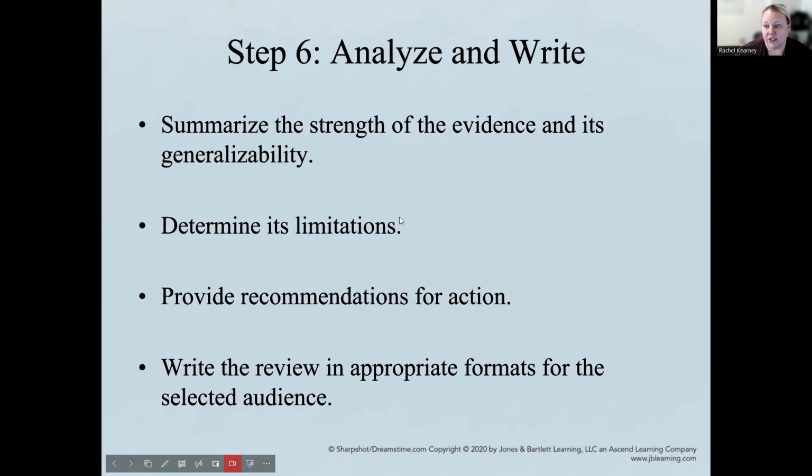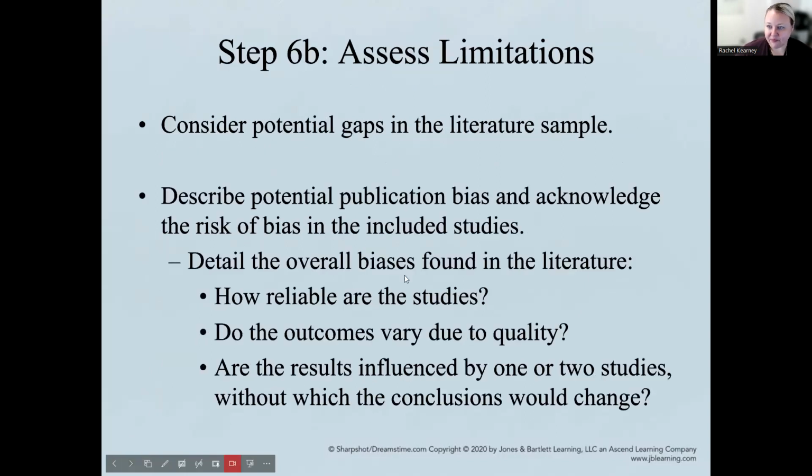And then you write. So you're going to analyze the strength of evidence, generalizability. You're going to determine the limitations, provide recommendations, and then write your systematic review. In assessing your limitations, you want to think about what are the gaps in the literature. Are there areas that weren't studied? Are there only observational studies?